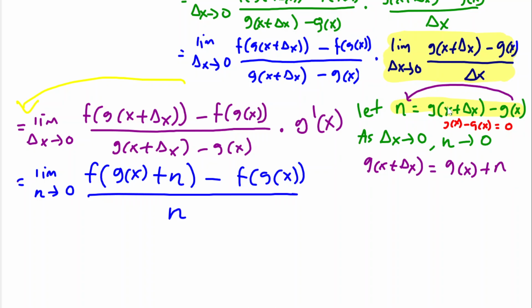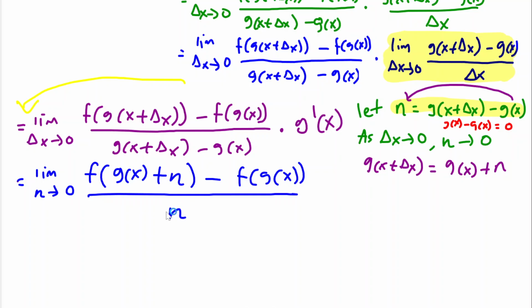So g of x plus delta x equals g of x plus n. That's how I get out of this world of delta x and into this world of n. I'm putting g of x plus n instead of g of x plus delta x, and we keep this f of g of x here, and we'll have it over n.